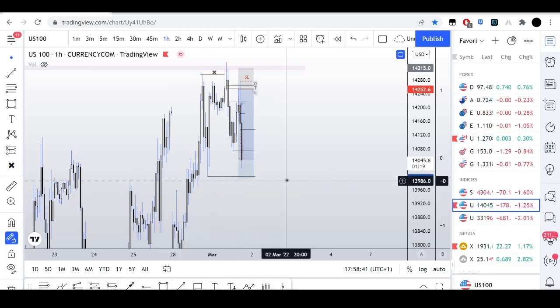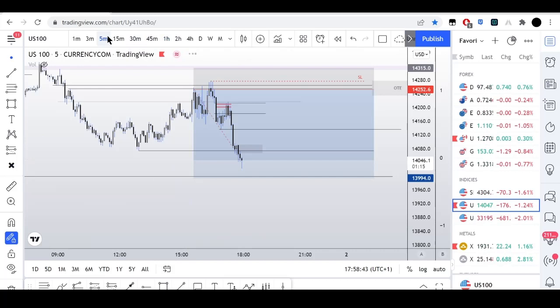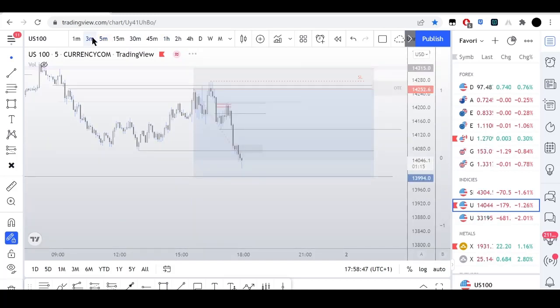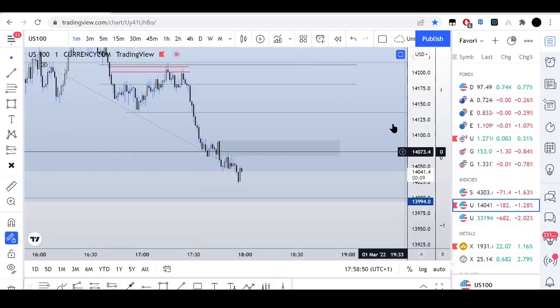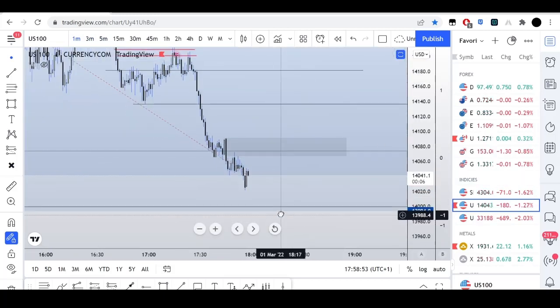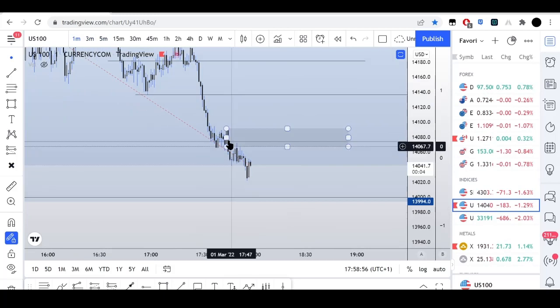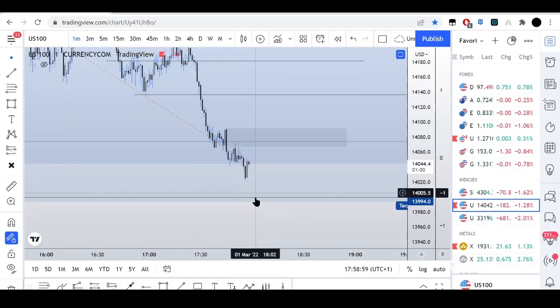But I might TP after this 1 minute is up. You see how I worked this 1 minute order block right here, how I worked that to continue down.